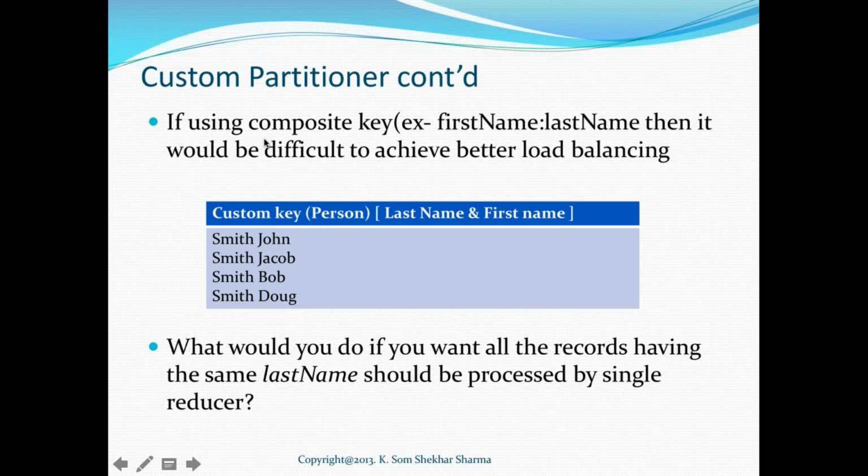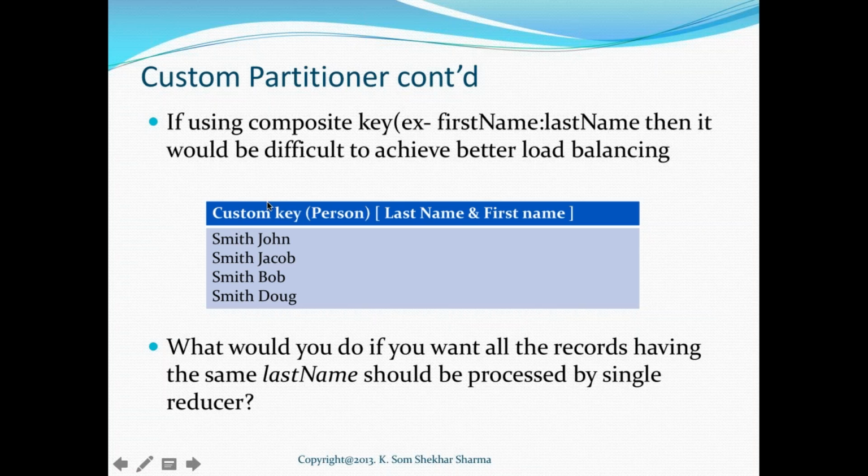Now, for example, you have used your custom key, and in the last class I gave you an assignment regarding that. In that assignment, I asked you to create a custom key which has two member variables, first name and last name.